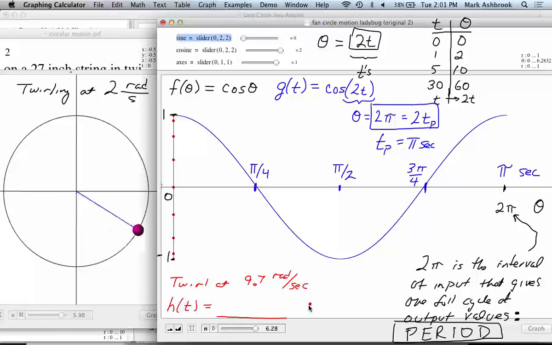And then I want the period. So give that a shot. See if you can come up with a function. And before you even do that, you might ask yourself, how am I going to find theta in terms of t? What is theta in terms of t first? And then what will this function be? And what will the period be for the h function?